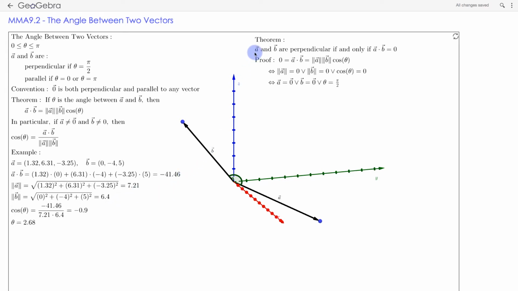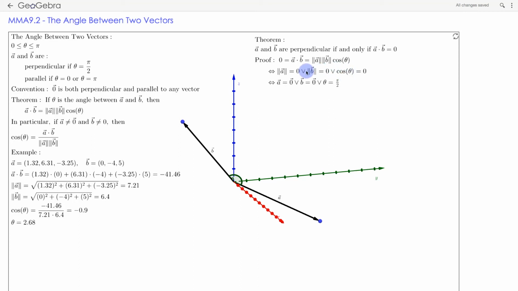Then we have this theorem. As I already mentioned, A and B are perpendicular if and only if the dot product is 0. To prove this, we just say that if the dot product is 0, then this product is 0. But if this product is 0, then at least one of these factors has to be 0. So either the length of A is 0, or the length of B is 0, or cosine of theta is 0.